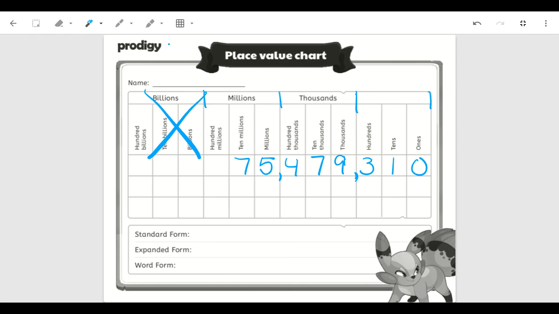All right. And we have to remember that every time we go to a new place value, if we think about this, if we change some numbers here, and maybe we have a 3 in our tens and a 3 in our hundreds, we're saying that our 3 in our hundreds is 10 times bigger than the 3 in the tens, because every time we move a place value to the left, we multiply by 10.